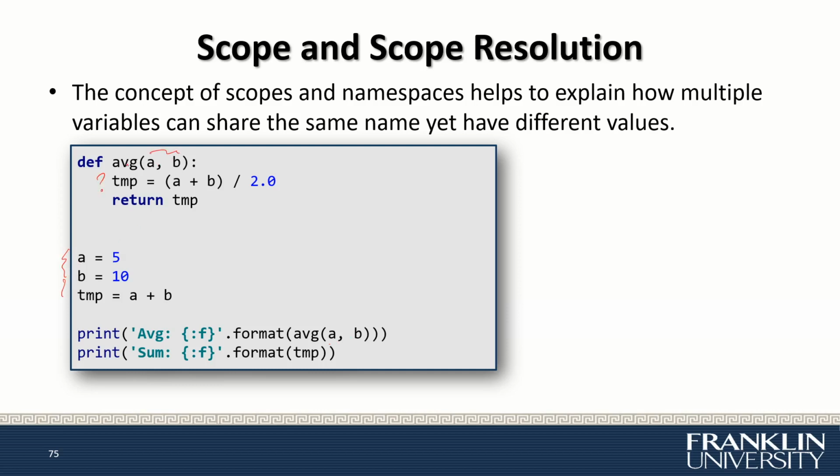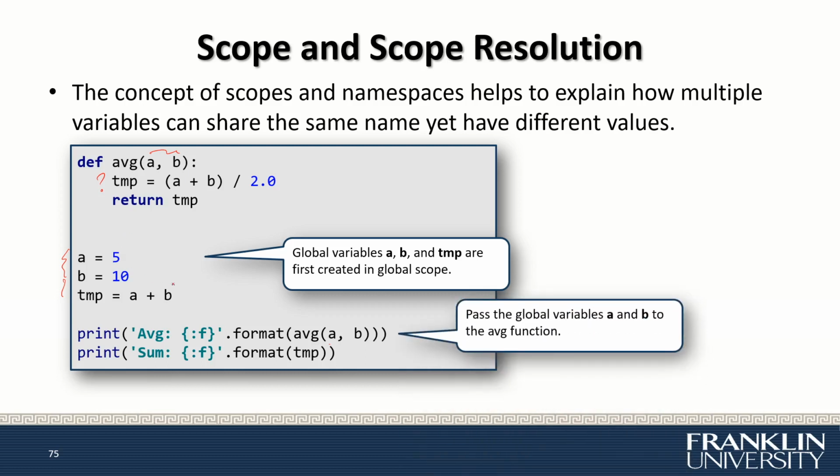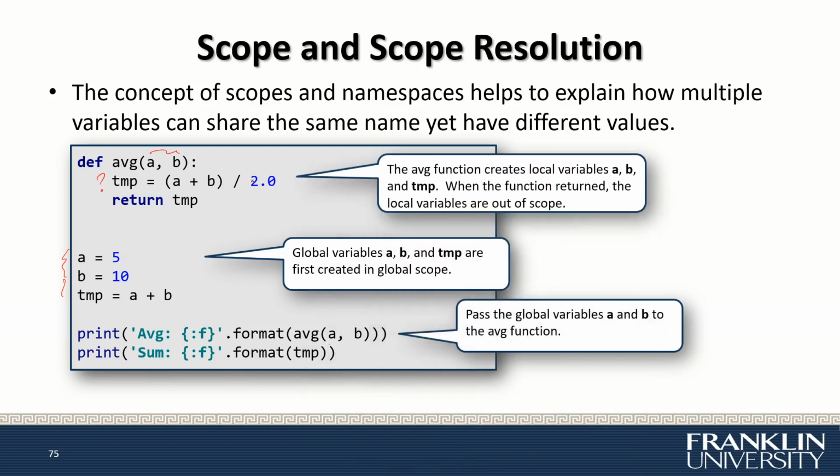How are they related? Well, the global variables A, B, and temp are first created in the global scope. And then I pass the global variables A and B to the average function. So what that means is the average function creates local variables A and B.